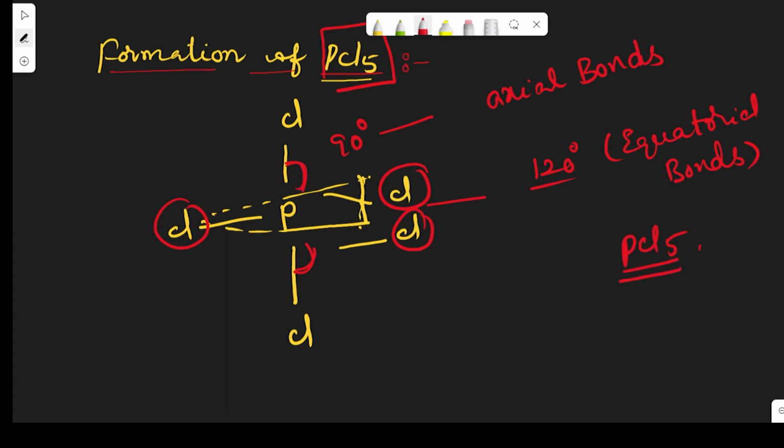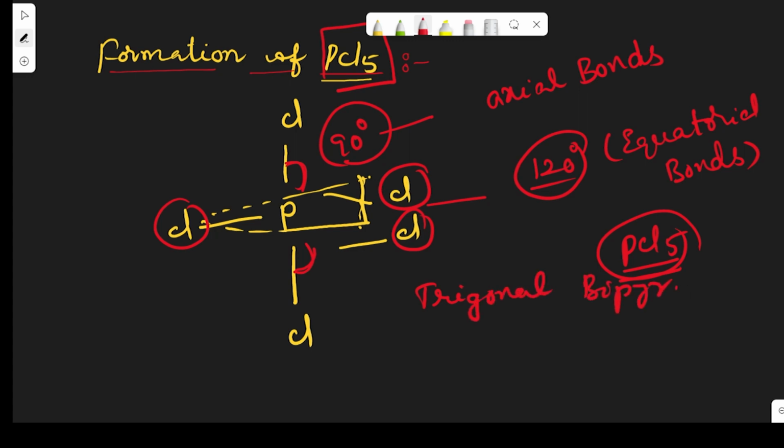This is an important point to remember. The bond angles are of two types, 120 degree and 90 degree. The shape of the molecule is trigonal bipyramidal. Hybridization is sp3d. A total of 5 sigma bonds form between phosphorus and chlorine, from the sp3d hybrid orbitals of phosphorus and the 3pz orbital of chlorine. This is the formation of PCl5.